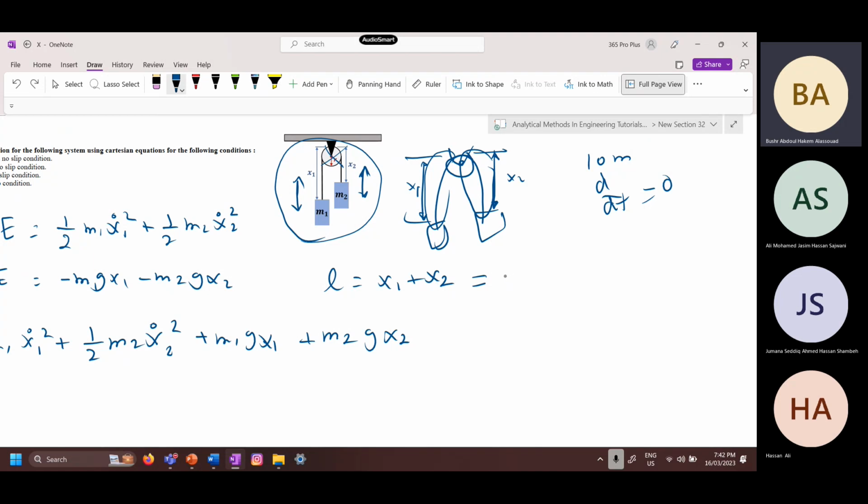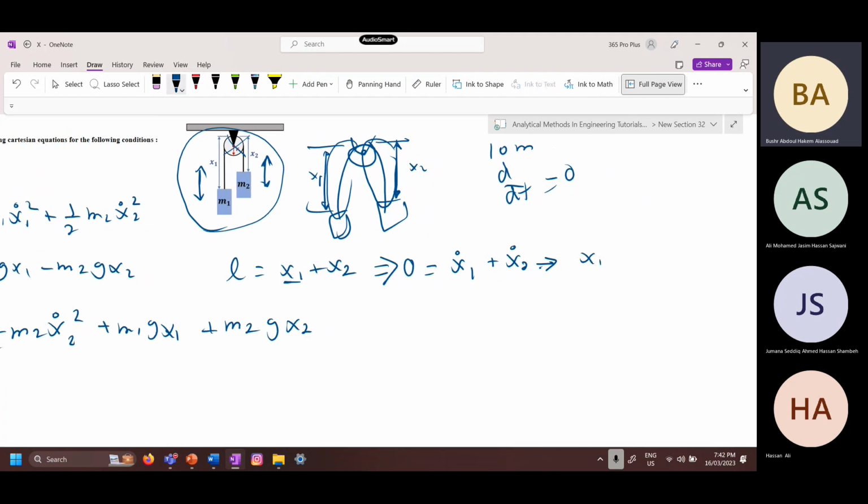So the derivative of L with respect to time is going to be 0, equal to the derivative of x1 plus x2, which is x1 dot plus x2 dot. This will give you that x1 dot is equal to negative x2 dot. Now remember this, because you're going to use it a lot in pulley questions.